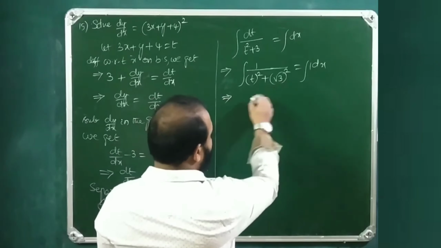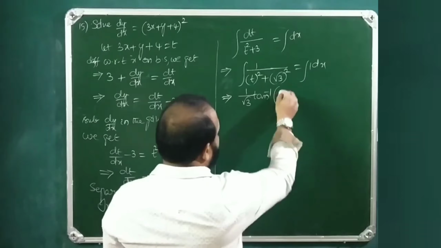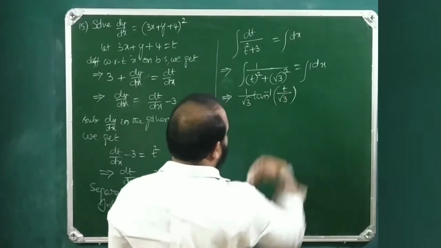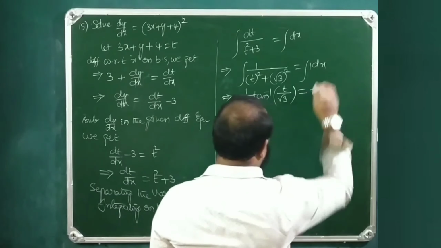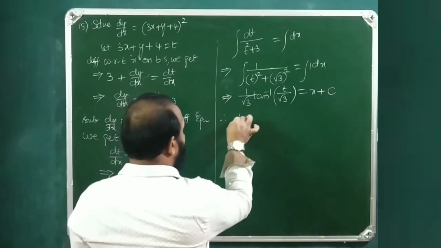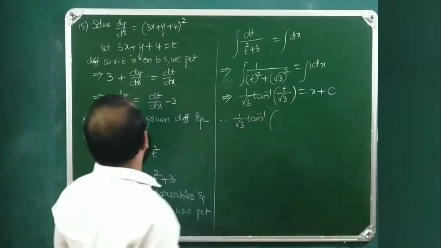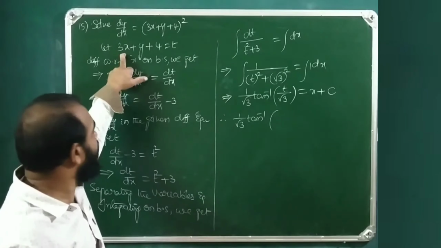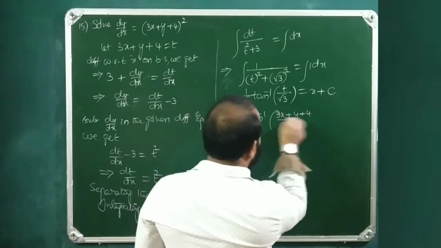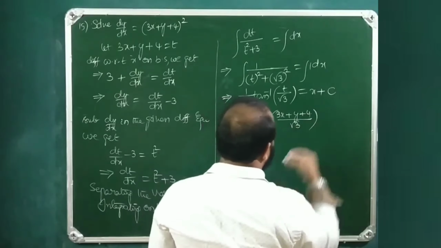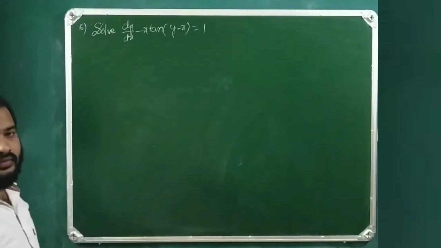Here a is root 3, so 1 by root 3 tan inverse t by root 3 equals integral 1 dx, which is x plus constant of integration c. Therefore, replacing t by what we took before, 1 by root 3 tan inverse of (3x plus y plus 4) by root 3 minus x equals c is the required solution.